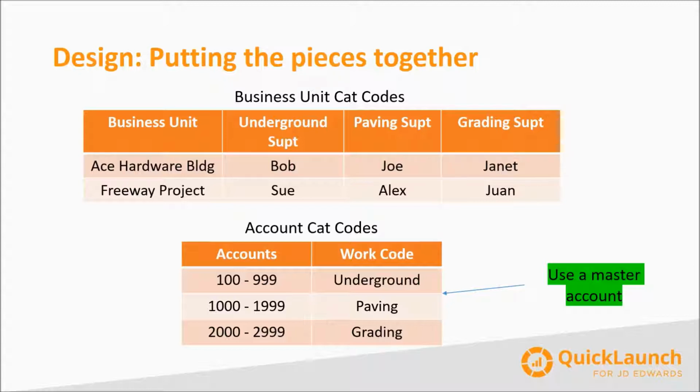But what I really want to be able to do is analyze the account cat codes on the cost spent and the budgets, whether you're over budget or under budget. And so I need to have another code on the account that's going to let me join the underground to the underground superintendent code. And I'll do that obviously in my reporting tool. But again, I have to plan in advance how these codes are going to work together to give me the insight that I'm looking for.